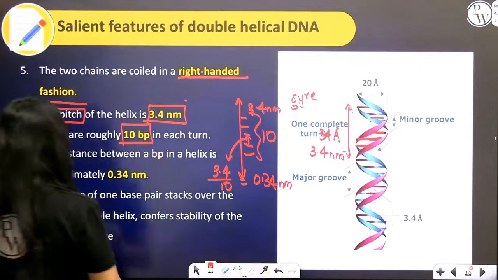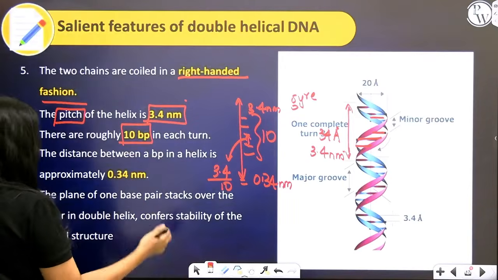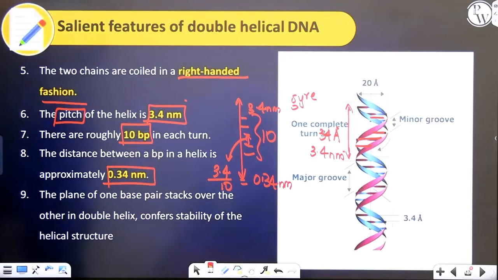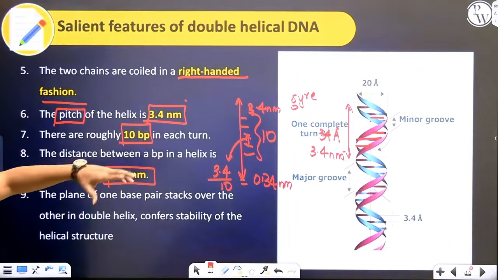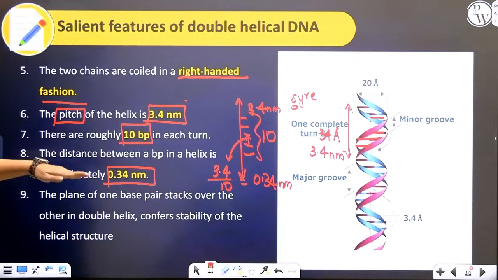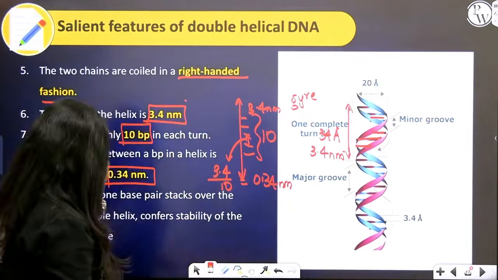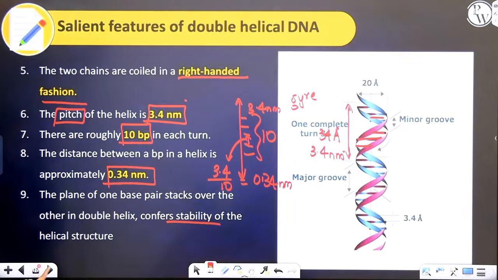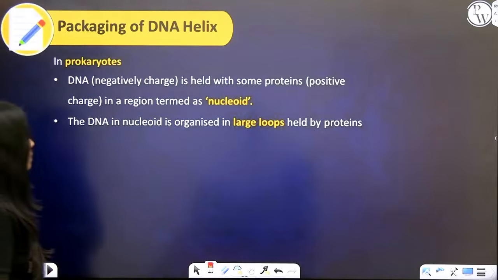So the distance between two consecutive base pairs in a DNA is approximately 0.34 nanometers. Now, in this double-stranded helical DNA, the plane of one base pair will stack on top of another. That will provide it stability and allow it to perform its job more efficiently.